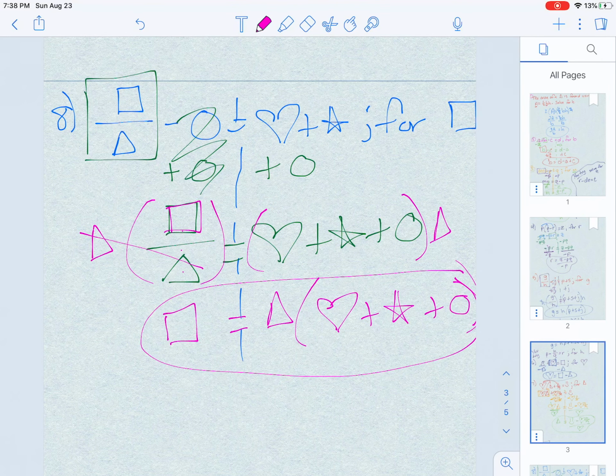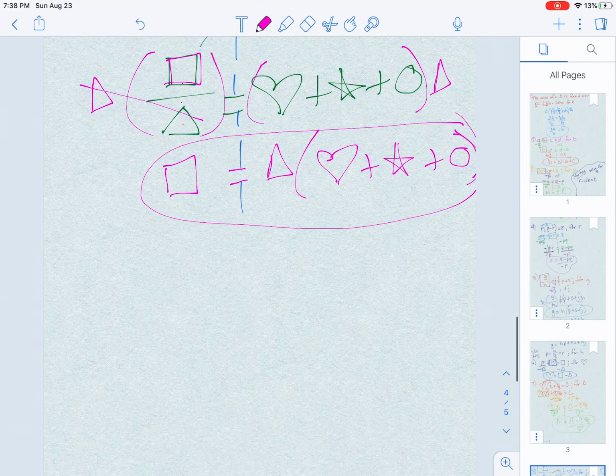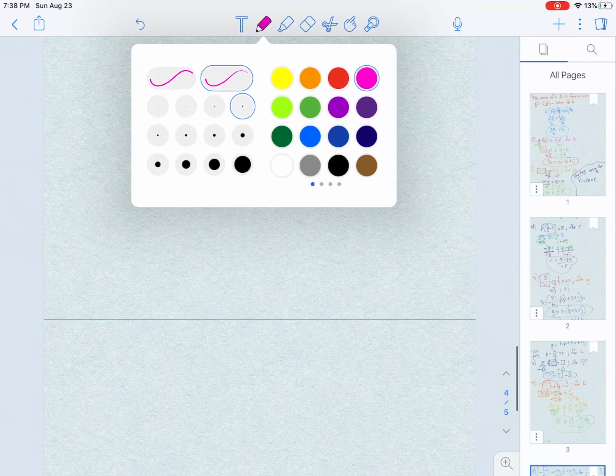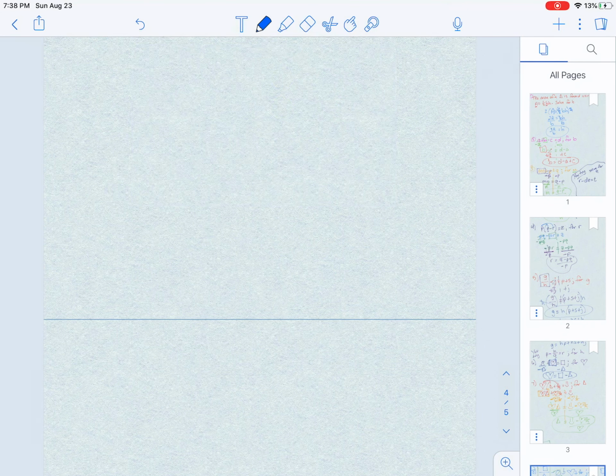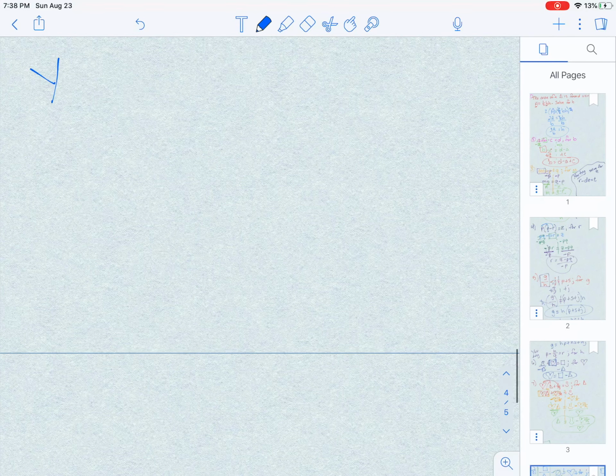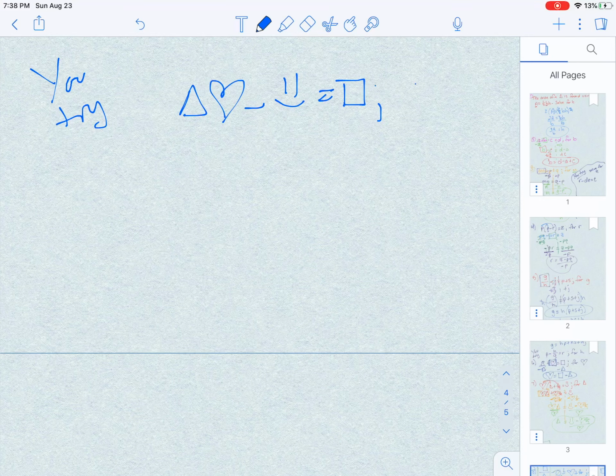And there's your answer. Okay, you guys try this next one. I'm going to make it multiple choice because Canvas doesn't like when I don't, with all the shapes. So you try this one. You're going to do triangle, heart, minus smile equals square, solving for the heart.